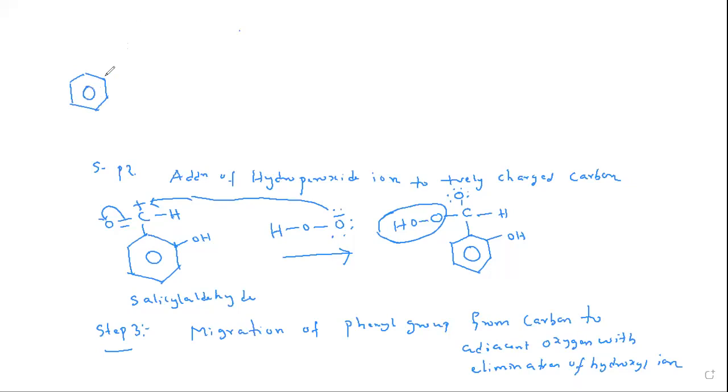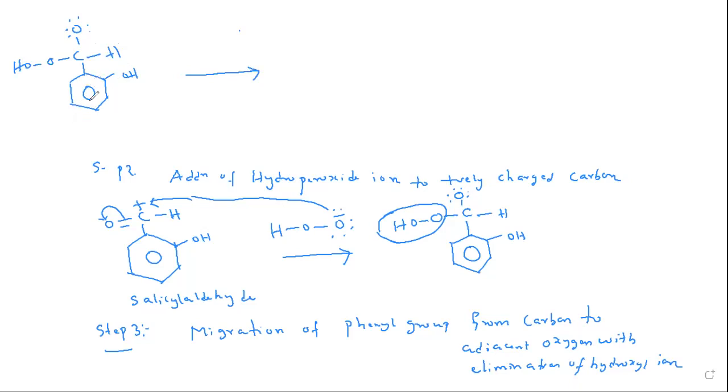And here you'll be getting oxygen will have 3 lone pair of electrons. And this is oxygen, OH, okay. And this is hydrogen. So this is your step number 2 product I'm writing here.